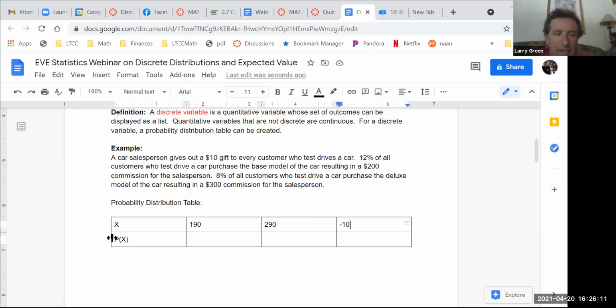Okay, so now we need to find P of X. We've written all the values that could happen, now the probabilities of those values happening. So what is the probability of ending up with a profit of $190? It's not very hard.